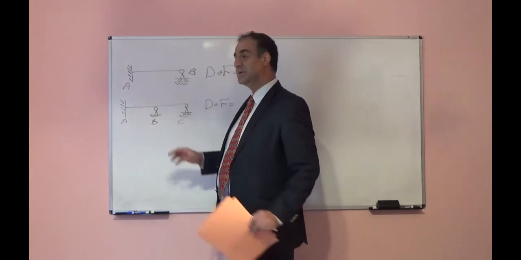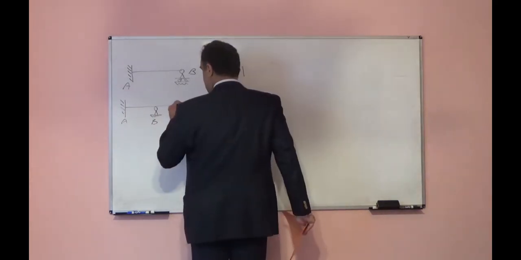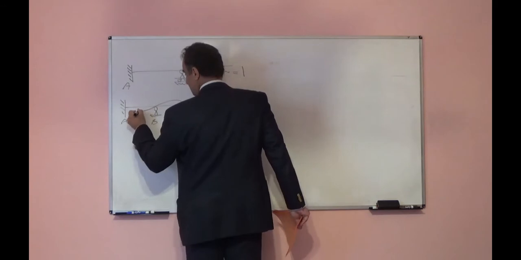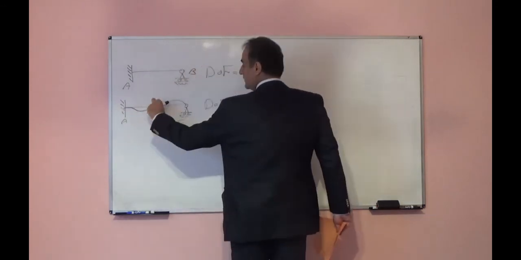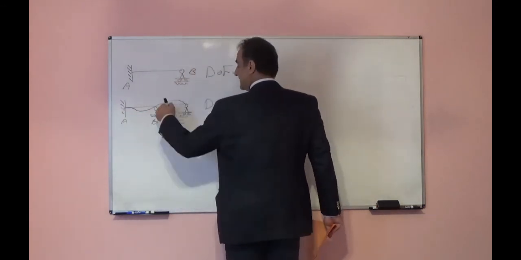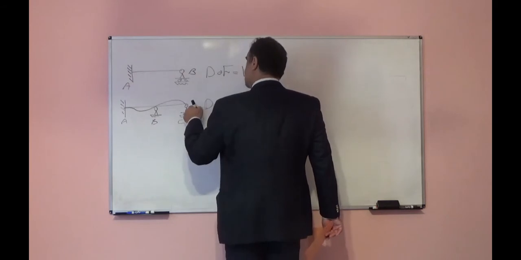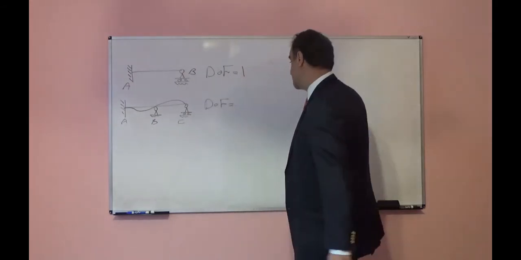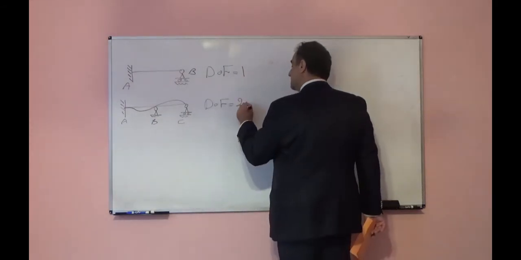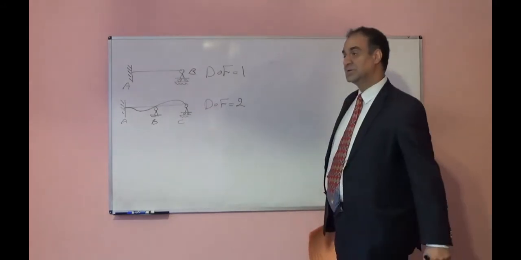Joint B can rotate, for example, deformation like this. So here we can have theta B, and joint C can rotate, so we have 2 degrees of freedom for this system.